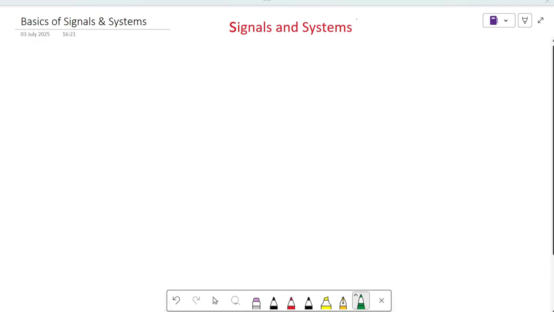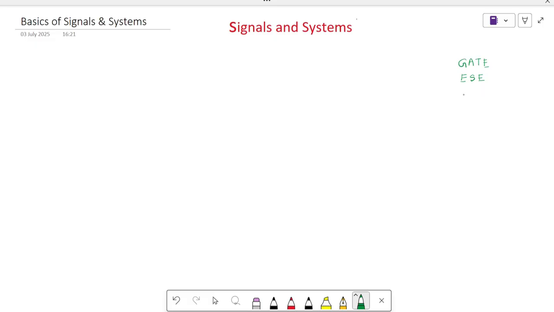Coming to the GATE examination. So in the GATE exam and the engineering service examination, which is conducted by the UPSC, Union Public Service Commission, these two have included this subject in their syllabus.